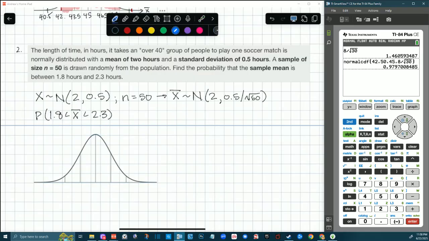Off to the side here, I'm going to figure out what this is just so I can estimate when I draw my picture. So 0.5 divided by the square root of 50 is 0.07.